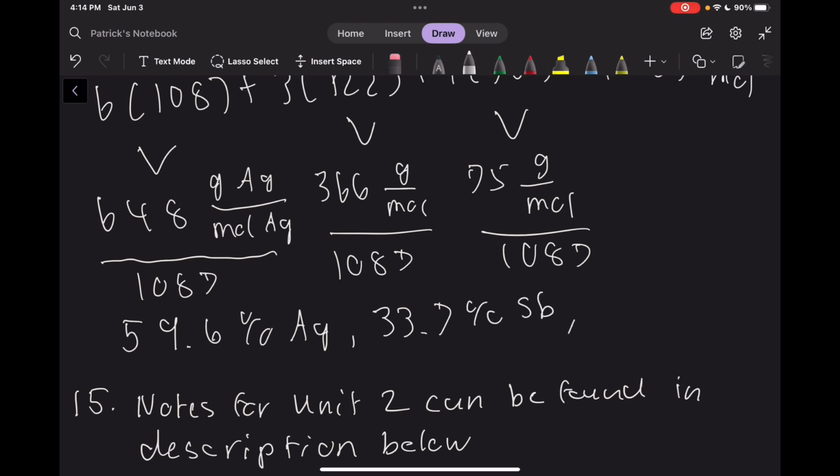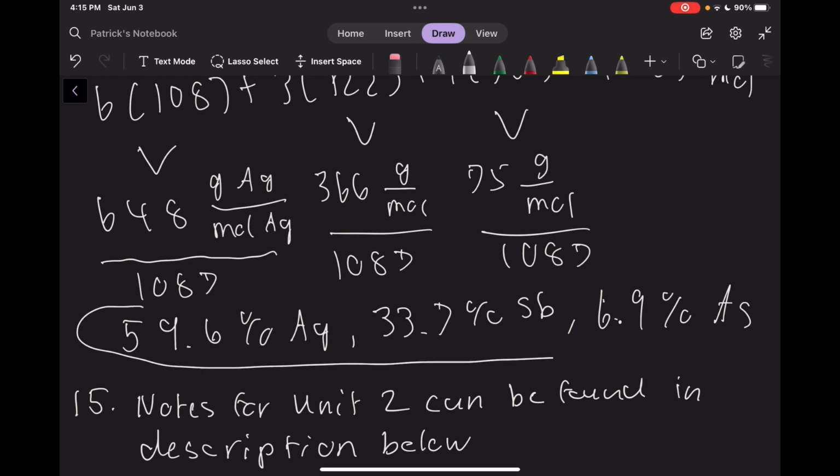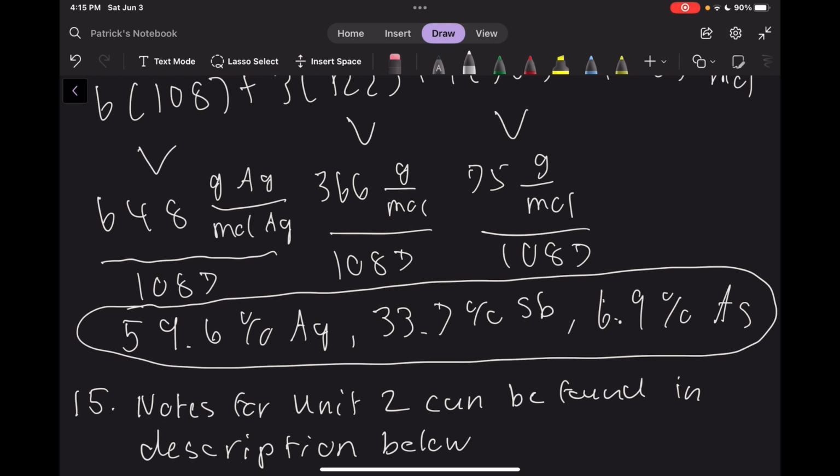Last but not least, the percentage of arsenic present is about 6.9%. It doesn't add up to 100 exactly, because we rounded to the nearest tenth, but if we needed the added precision, we could always add while including more decimals.